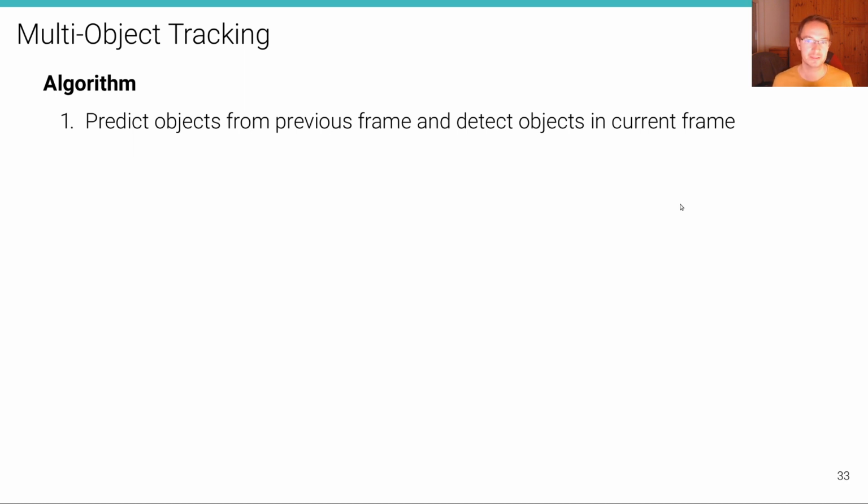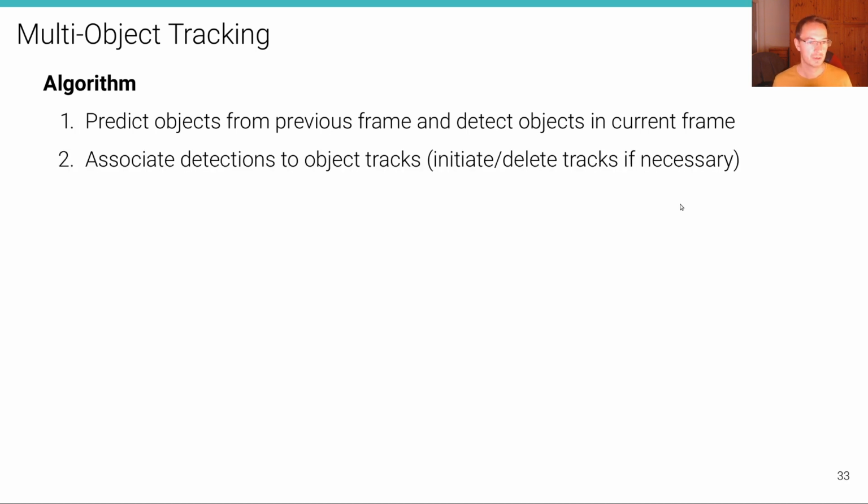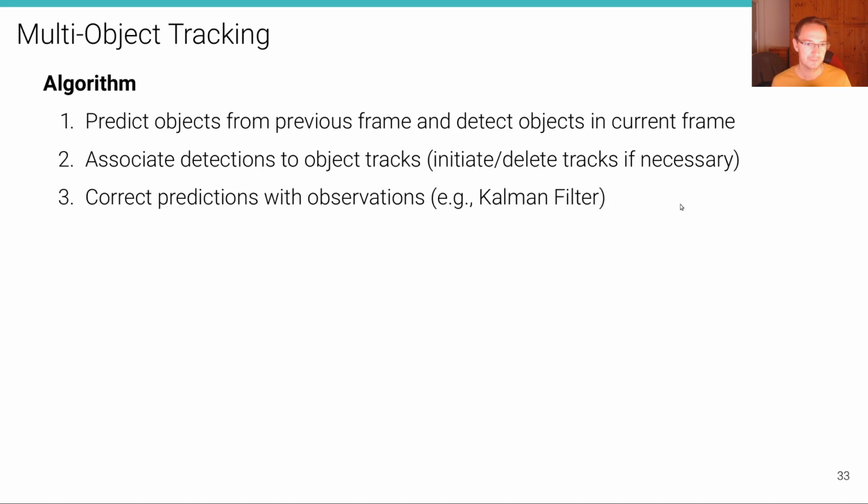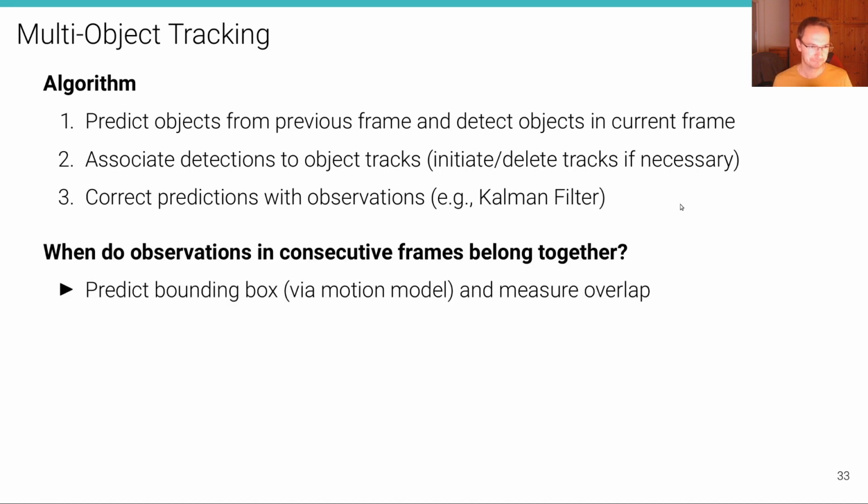And simultaneously, we also detect objects in the current image. Next, we associate detections to object tracks, and we initiate and delete tracks if necessary. For example, we might need to initiate a track if an object enters the scene. And then we correct the predictions using the observations, for example, using a Bayes filter, as we've discussed previously.